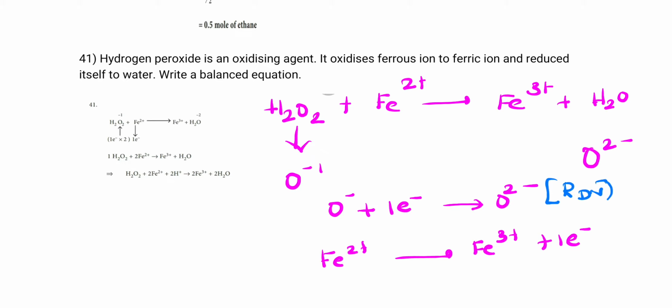Here we are removing the electron, that is loss of electron. That's why it is an oxidation. So this reaction is said to be the redox reaction. Okay? This is said to be the redox reaction.